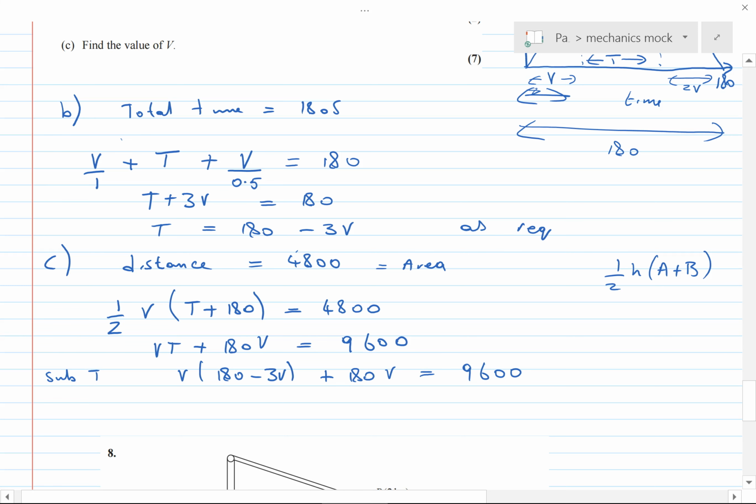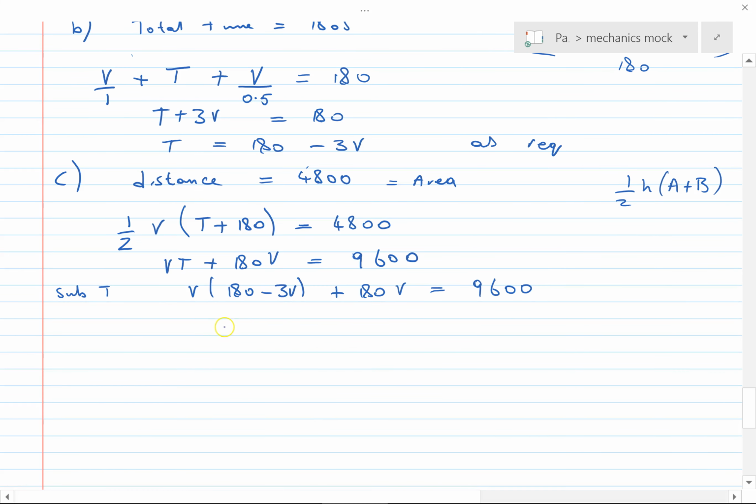So let's multiply all that out. That gives me 180v minus 3v squared plus 180v equals 9,600. Let's bring it all over to the same side.